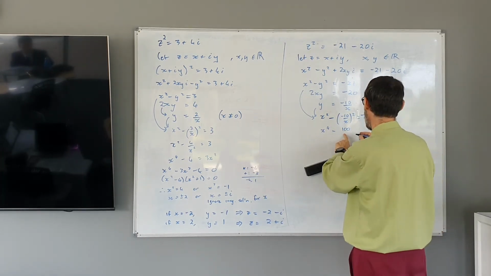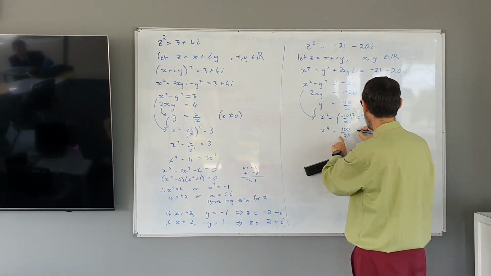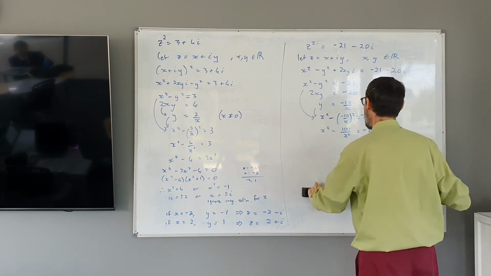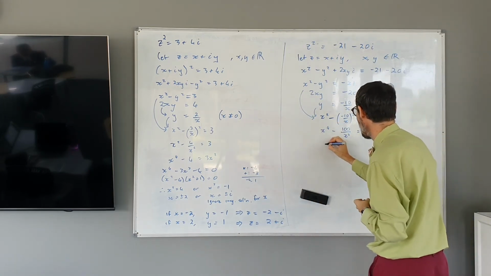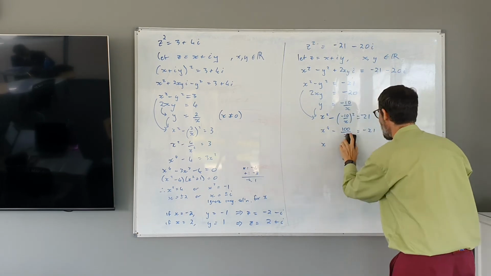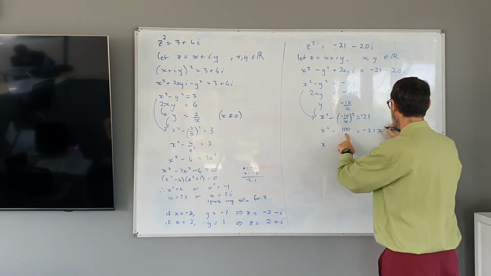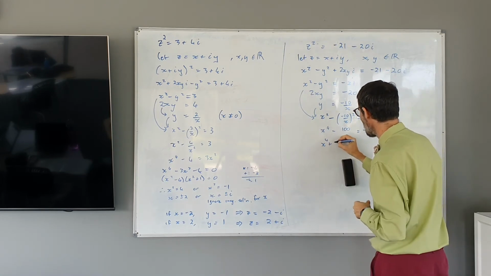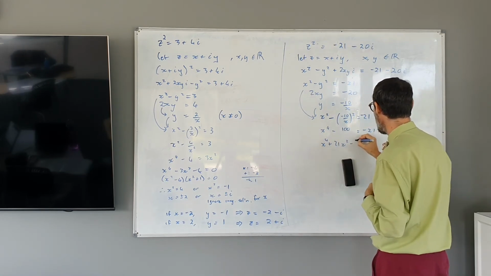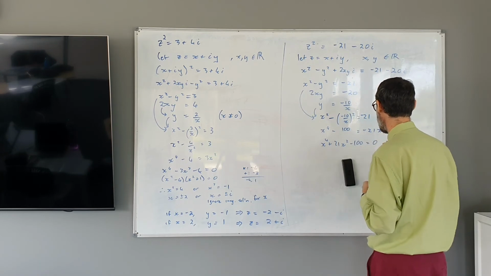You can't cancel these out yet. X to the fourth plus 21 x squared minus 100 equals 0.